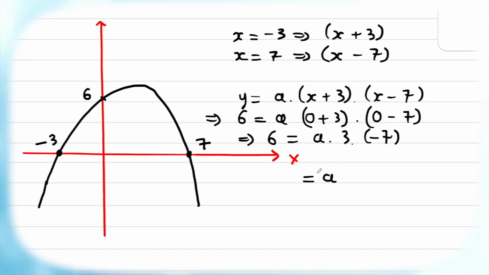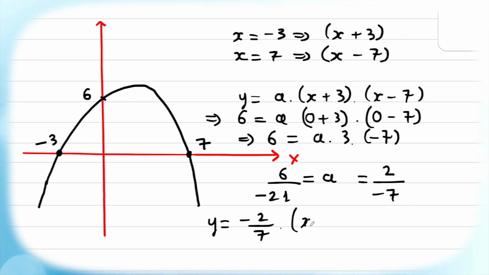And for here you got a equals 6 over minus 21. Simplify this, divide by 3, you got here 2 divided by minus 7. Okay, so the final answer for here is minus 2 over 7, and then (x plus 3), and then (x minus 7).